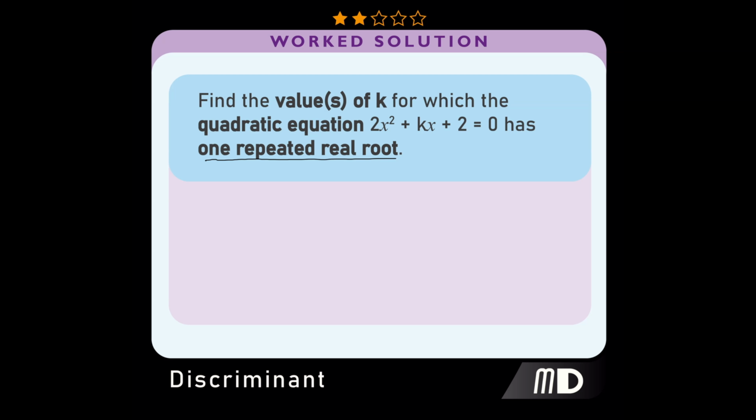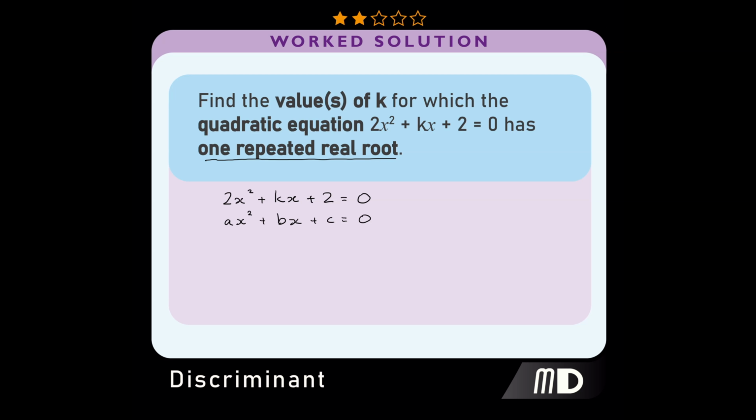So, let's begin by writing the equation. 2x squared plus kx plus 2 equal to 0. Then the standard equation of a quadratic, ax squared plus bx plus c equal to 0.